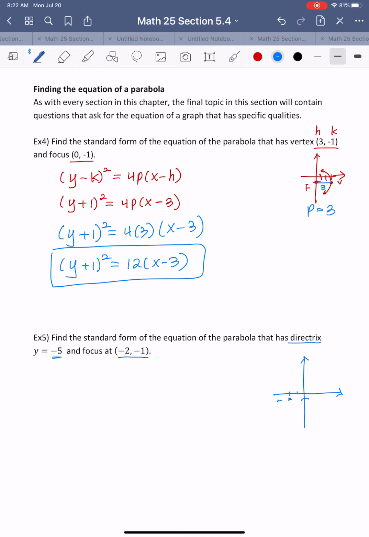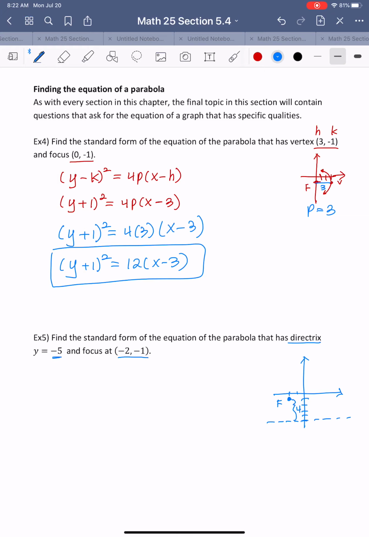So which means on the plane, you got (-2, -1). But this is the focus. Okay, and then 2, 3, 4, 5, and this is the directrix. So in order to get to the vertex, it is the midpoint between the directrix and the focus. So the units between the focus and the directrix is 1, 2, 3, 4. So 4 units.